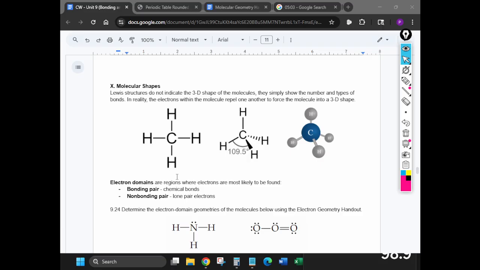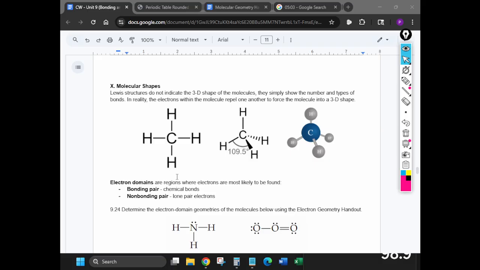Electrons. Now, what do electrons do to one another? They repel. So, what actually happens is these bonds push each other away so that they are as far away from each other as possible, and this cross shape is not as far as possible because there's another plane that we can work with.